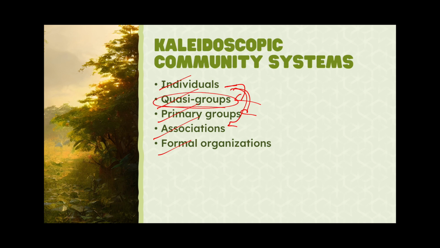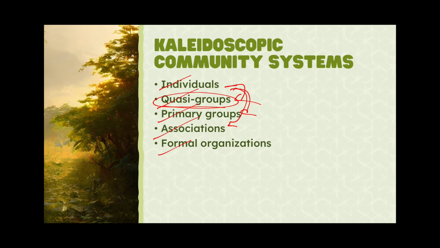So the quasi groups are composed of members who share common characteristics and they have an emerging awareness of shared interest and they decide to act together. But the group is kind of contingent, right? So for example, they have interests or concerns. For example, a certain group of children learn that they are good in singing, so they build a choir amongst themselves, right?